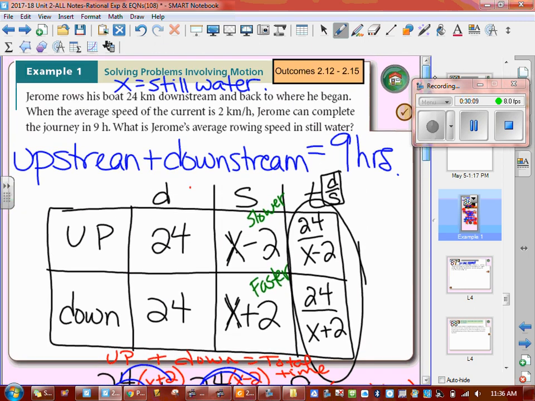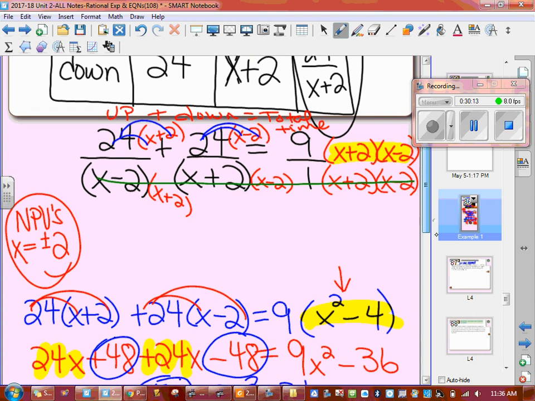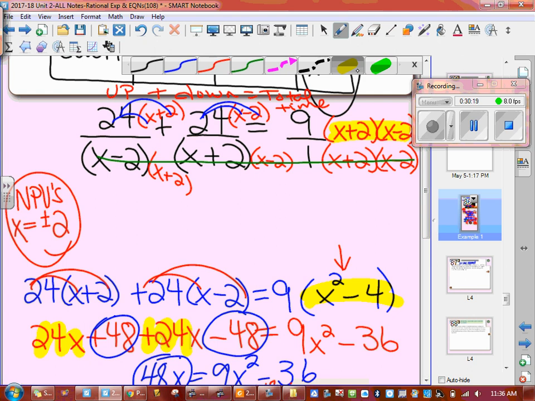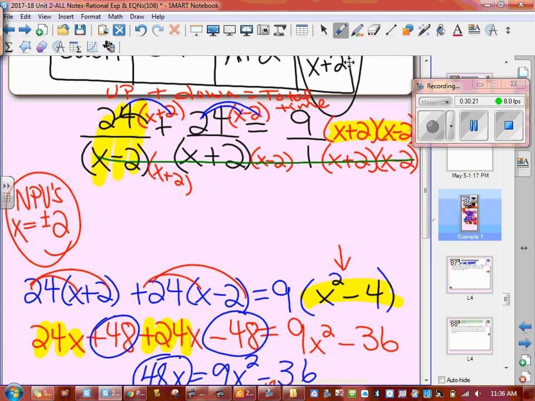So right here, upstream, if I put a 6 where x is, 6 subtract 2 is 4. So upstream, they're only going 4 kilometers an hour because they have to fight that current. Downstream, we're going to take 6 and add the 2. They're going to go 8 kilometers an hour downstream. Okay, so that's the information we're finding.